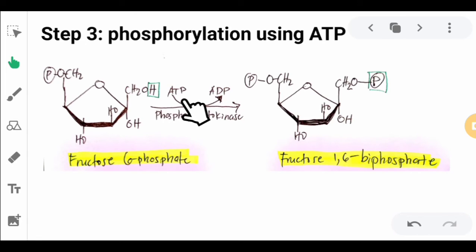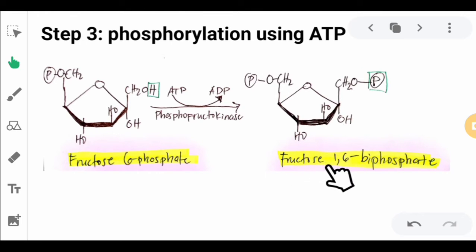We will be using an ATP and one phosphate from ATP, so you will now have the diphosphate ADP, and with the help of the enzyme phosphofructokinase, we will attach a phosphoryl group here, on carbon 1. That is why you have your fructose 1,6-bisphosphate. You have your phosphate at 1 and another phosphate at 6.